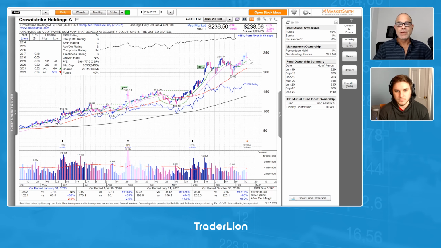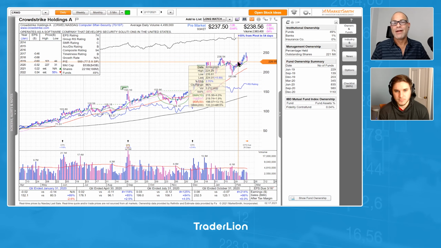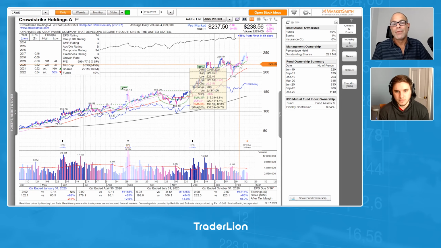Then yesterday, as the market shook around again, it found support at its short-term 10-day moving average, which also happens to line up with that previous high right there. You're looking at it touching a lot of spots, right? That's very logical support. Maybe it shakes down to its 21-day before it's all over.